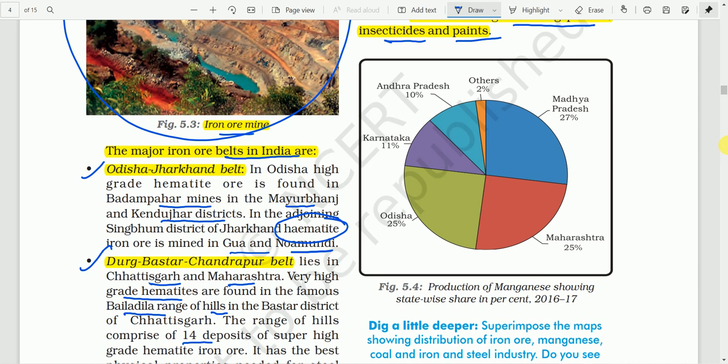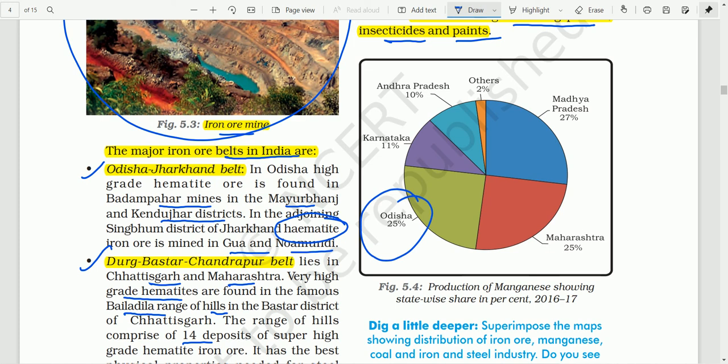And again here, this pie diagram shows the production of manganese state-wise in the year 2016-17. Can you tell me which state of India is the largest producer of manganese? Actually, we are seeing two states.